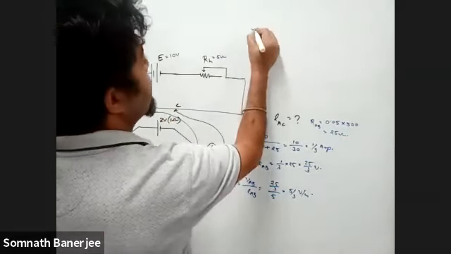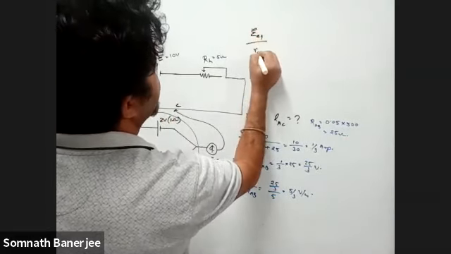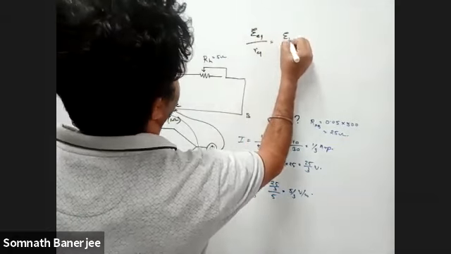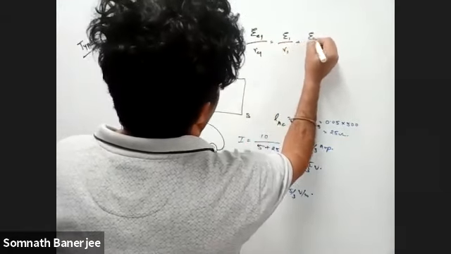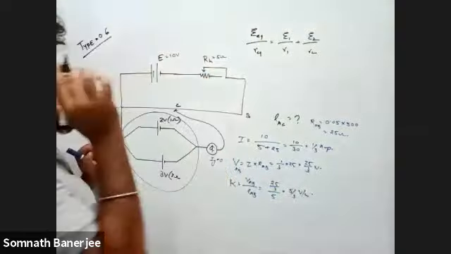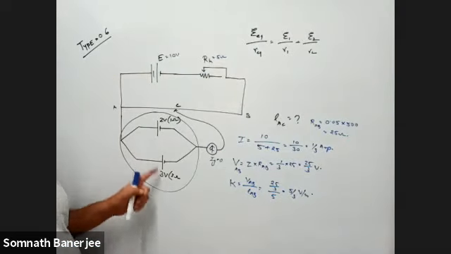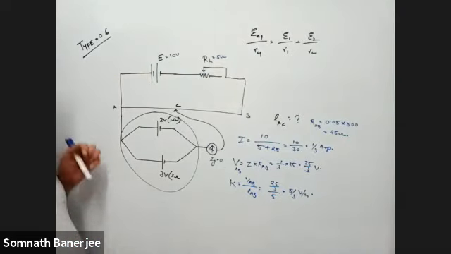Hope you remember: EMF equivalent by R equivalent is EMF1 by R1 plus EMF2 by R2, and so on. As you have 2 cells, we write up to 2.